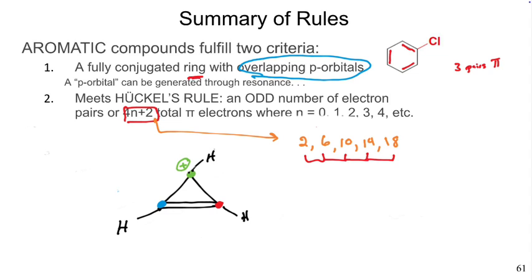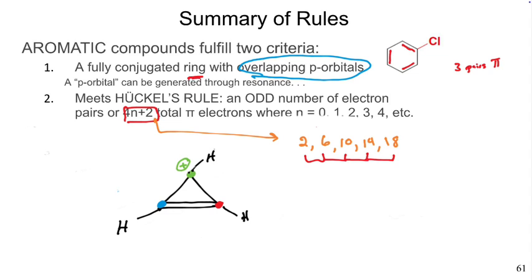So this structure is aromatic, which is interesting. It's charged, and yet it doesn't react. That's kind of cool, or at least I think that's kind of cool. We have this charged molecule that actually does not want to react. That's fascinating, okay? And that's because it satisfies this aromatic system, okay, or these aromatic rules.